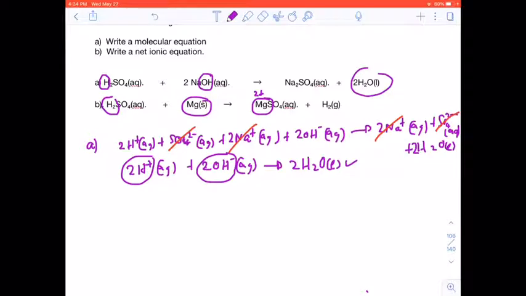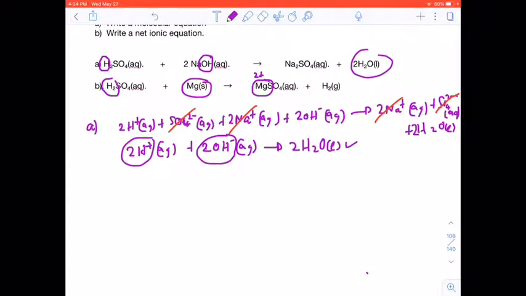All right, let's look at the next one. Here we have now, it's B, so this here was our net ionic equation, okay?